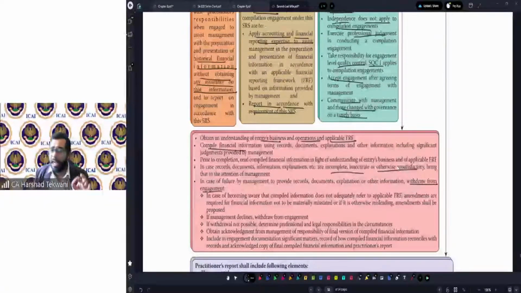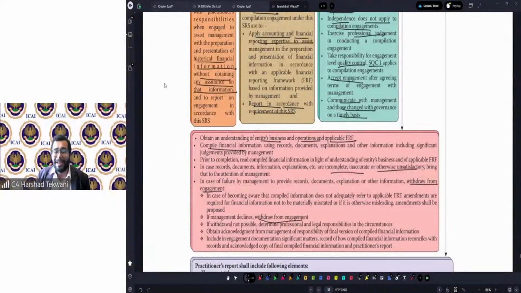Simple. Here we do not have a concept of adverse opinion because it's a related service, not an opinion. That's why, first of all, when you identify an error, issue, incomplete information, unsatisfactory information, something which is not correct, ask management to rectify. If management doesn't rectify, and if you are not satisfied, withdraw from the engagement. If management declines to cooperate, withdraw from the engagement.